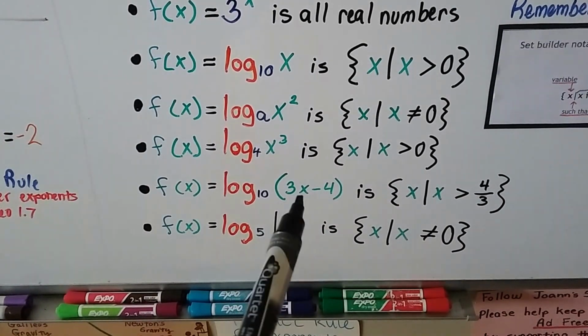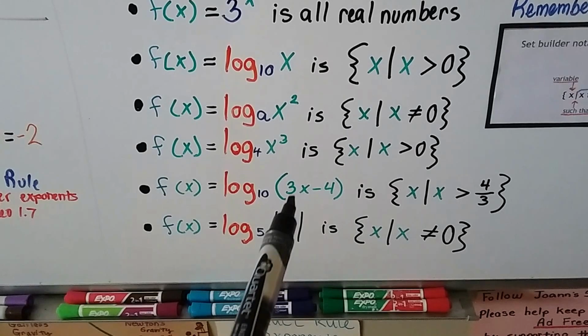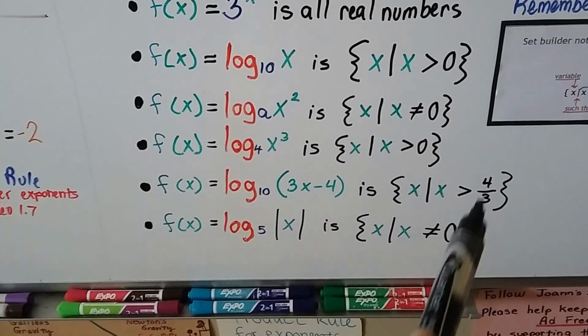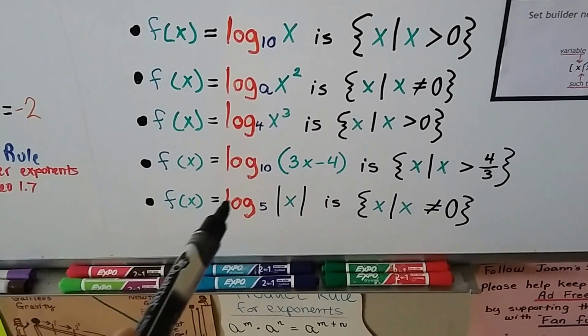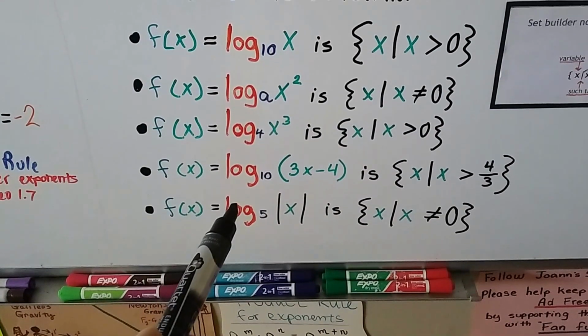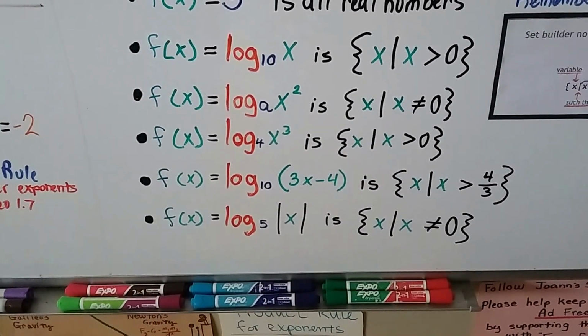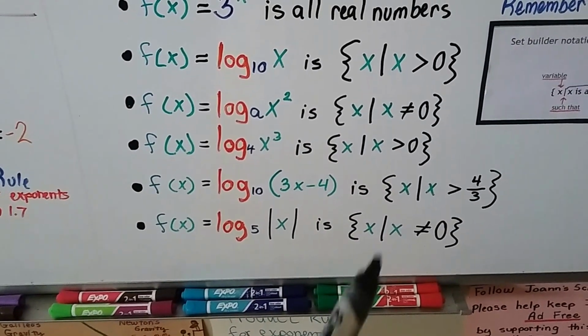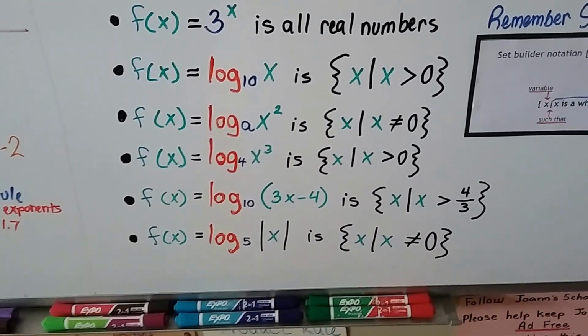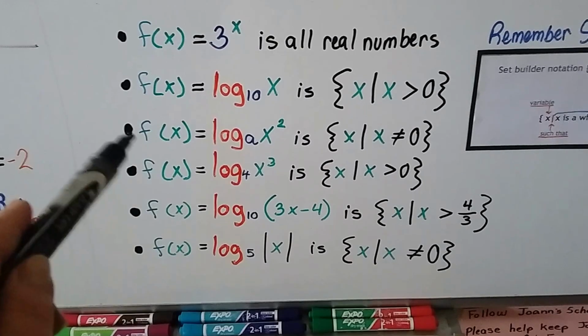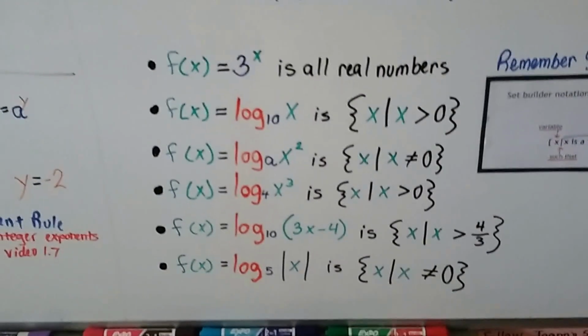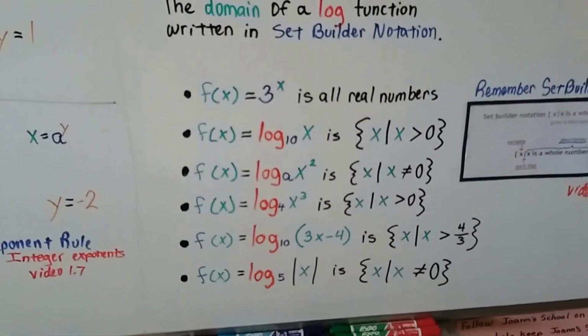When we divide each side by that coefficient 3, we're going to end up with the 4/3. All right? And then the function of log base 5 absolute value of x is the set of all x such that x is not equal to 0. All right? So hopefully that will help you write the domains in set builder notation, okay?